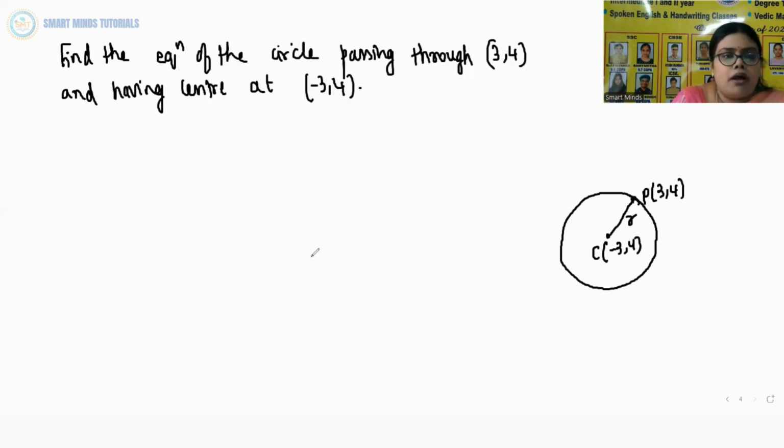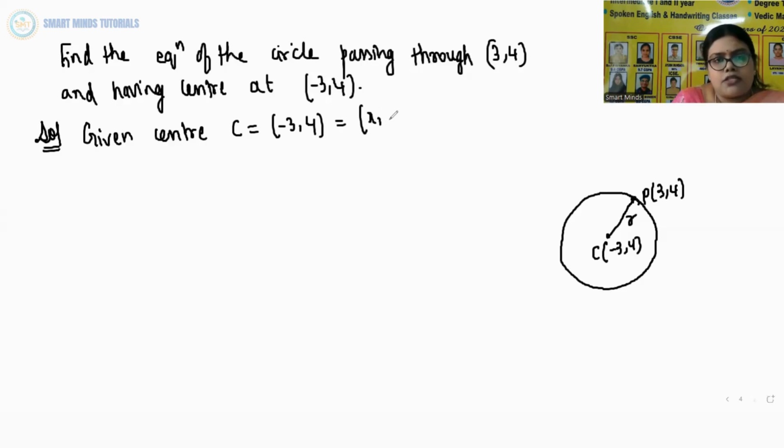That will become R. So let's start the problem. So given center C is equal to (-3, 4), let's take this as x1, y1, and point P is (3, 4), that is x2, y2.